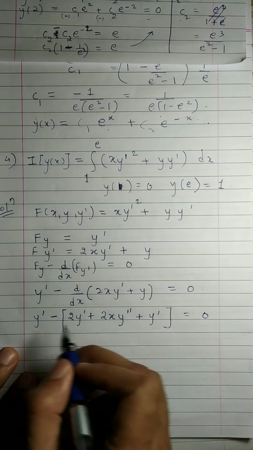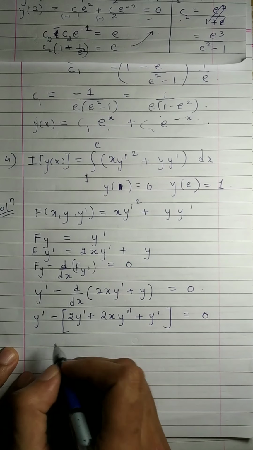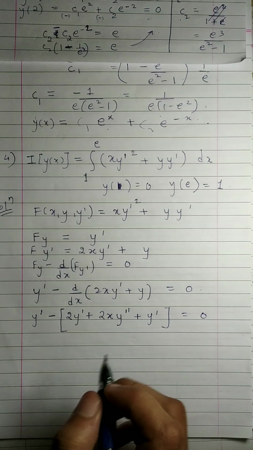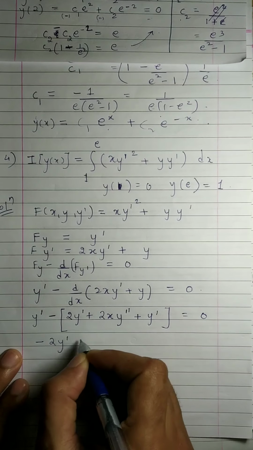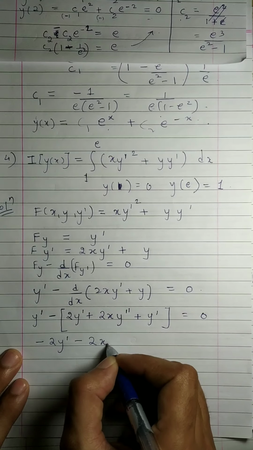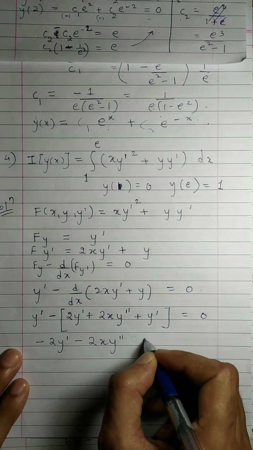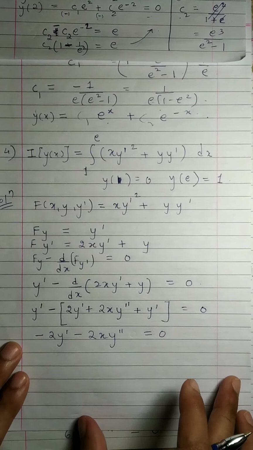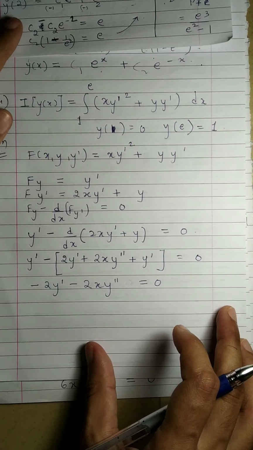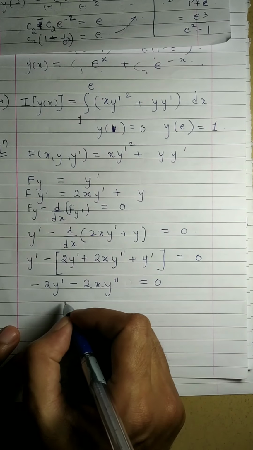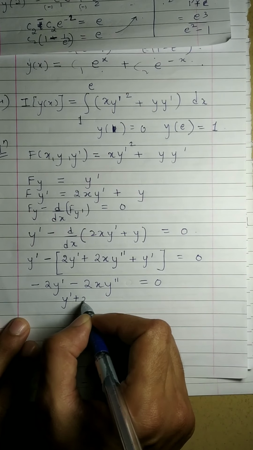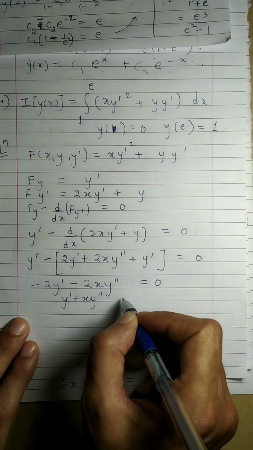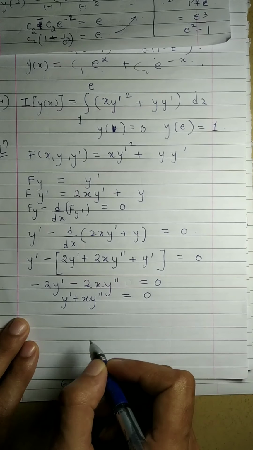So plus y dash minus y dash will get cancelled. We will be left with minus 2y dash minus 2x y double dash equal to 0. Okay, so 2 I can take common out, and then we will be left with y dash plus x y double dash equal to 0.